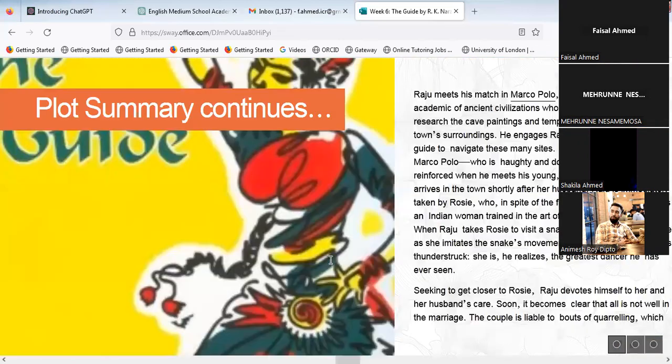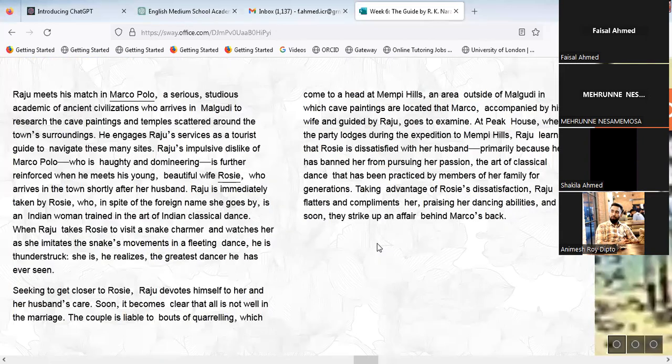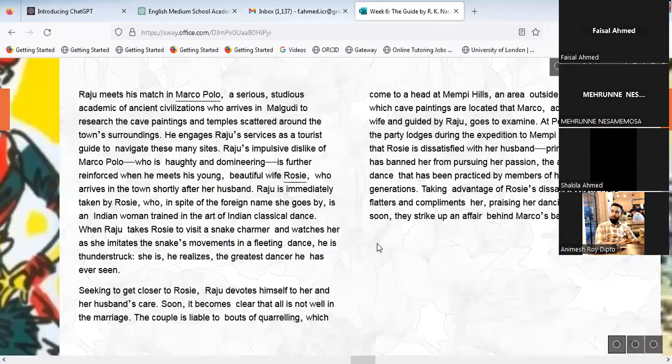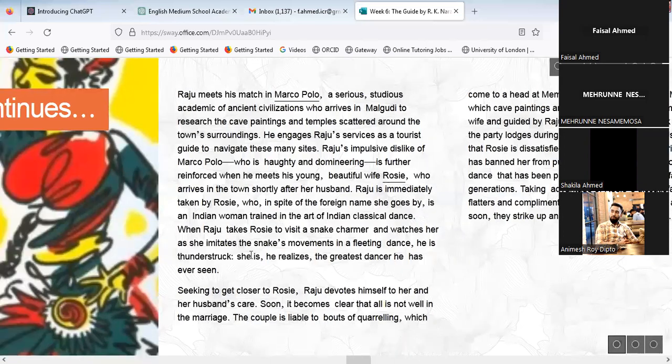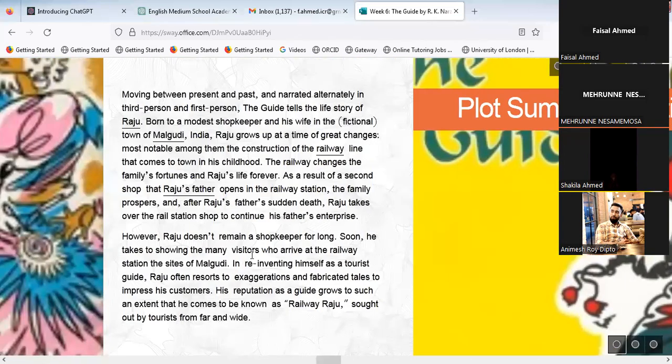Rosie or Nalini. Gradually we will get the characters. Already I have discussed the characters with you in the previous class.